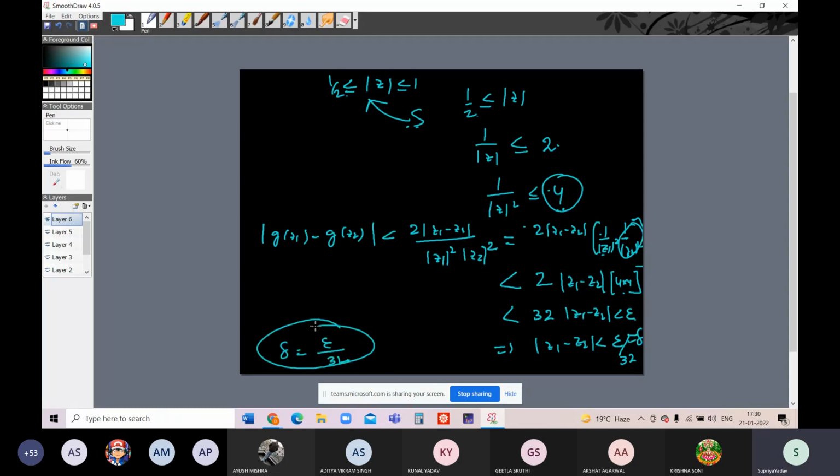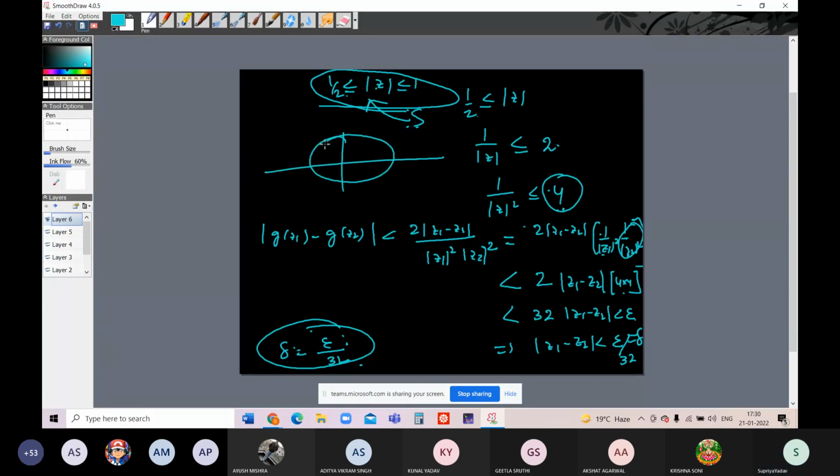So for this reason, if we are choosing delta as epsilon by 32, so we can say that this delta is depending upon epsilon and our function is uniformly continuous over this region if we are excluding 0 from this region. अब यहाँ पे हमने annulus region ले लिया है.